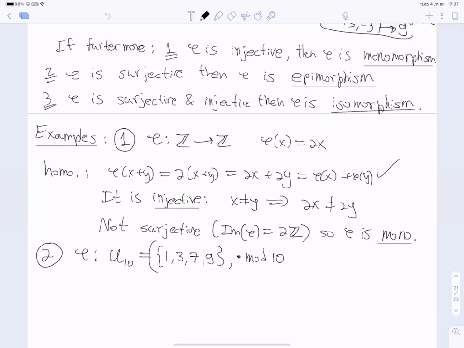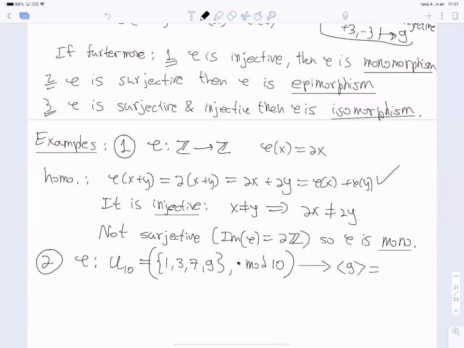This is U10. And now I'm looking at the map from U10 to its subgroup generated by 9, which is a proper subgroup. It contains only 1 and 9. Why 1 and 9? Because 9 to the power of 2 will be again 1. So this is a subgroup.